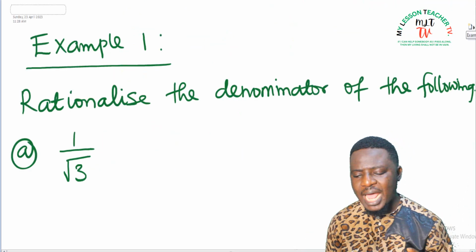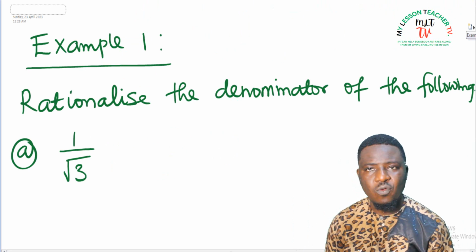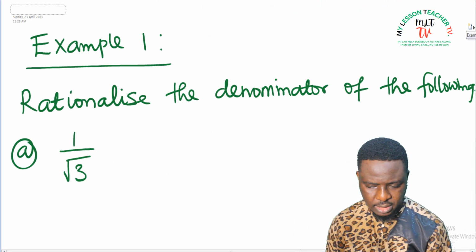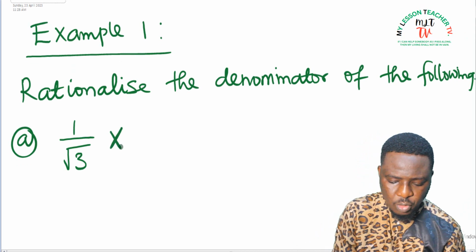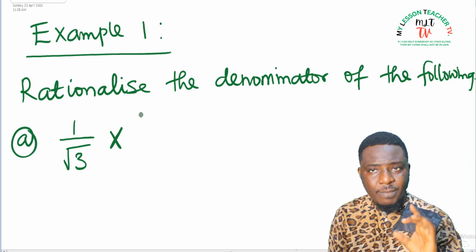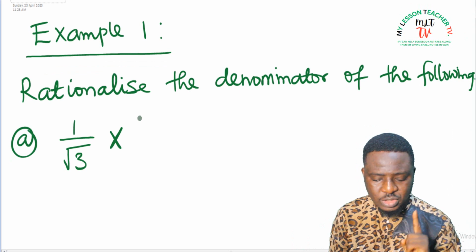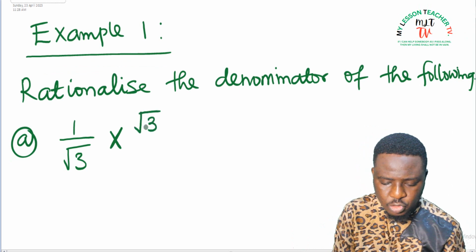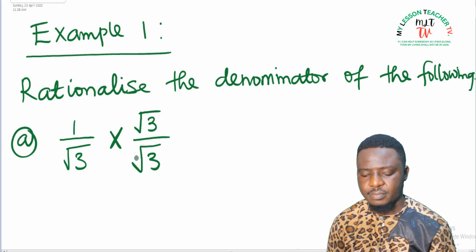Rationalize the denominator of the following. A, we have 1 over root 3. So we can rationalize 1 over root 3 by multiplying both the numerator and the denominator by the denominator. And what is the denominator? The denominator is root 3. So you multiply the numerator by root 3 and you multiply the denominator by root 3.